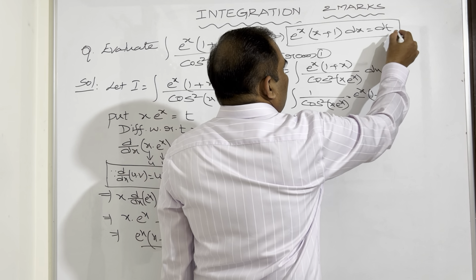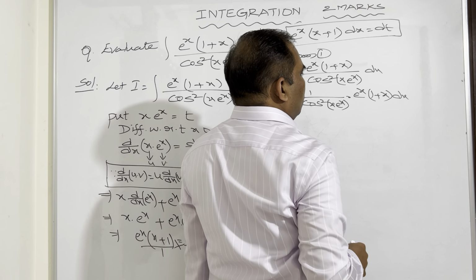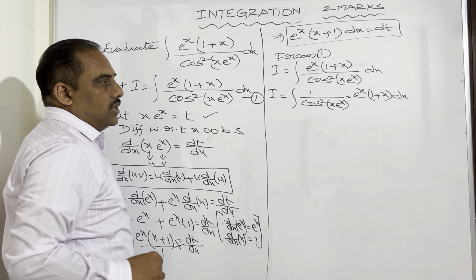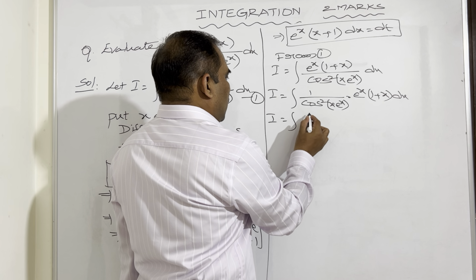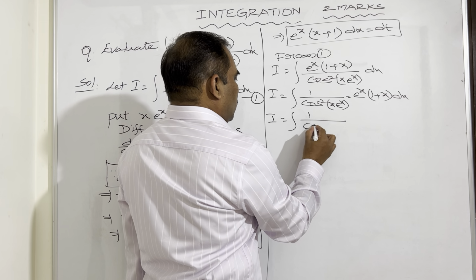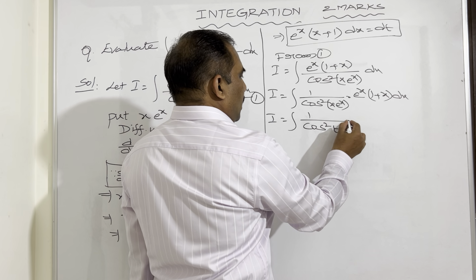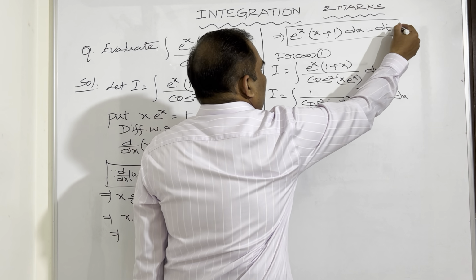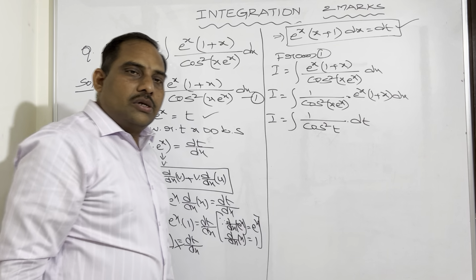We have e^x (x + 1) dx equal to dt, and x e^x equal to t. So the function becomes integral of 1 by cos² t, where x e^x is t, and e^x (x + 1) dx is replaced by dt.